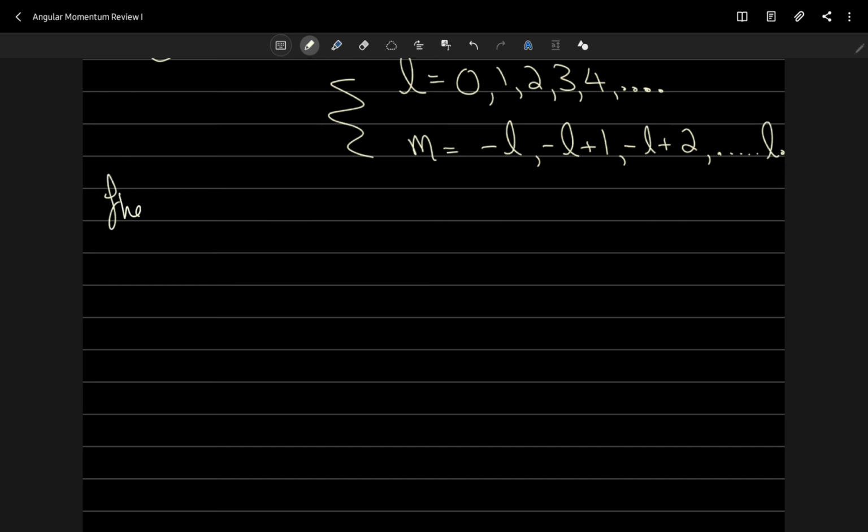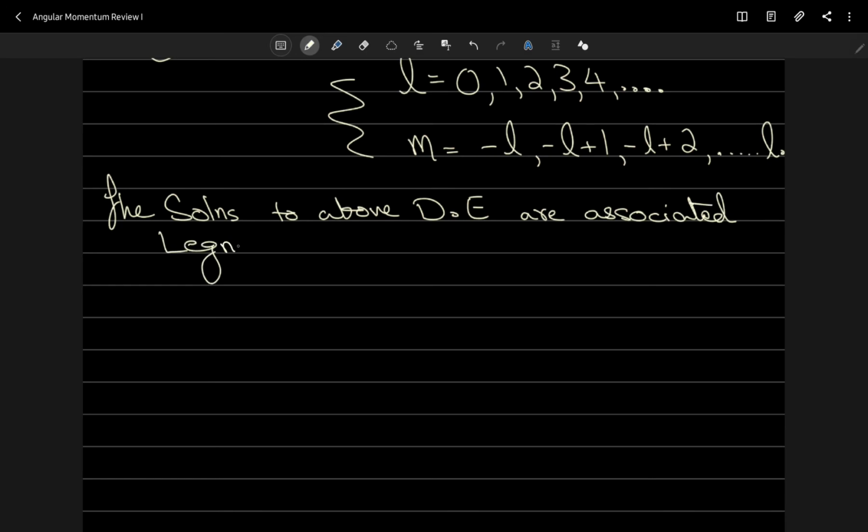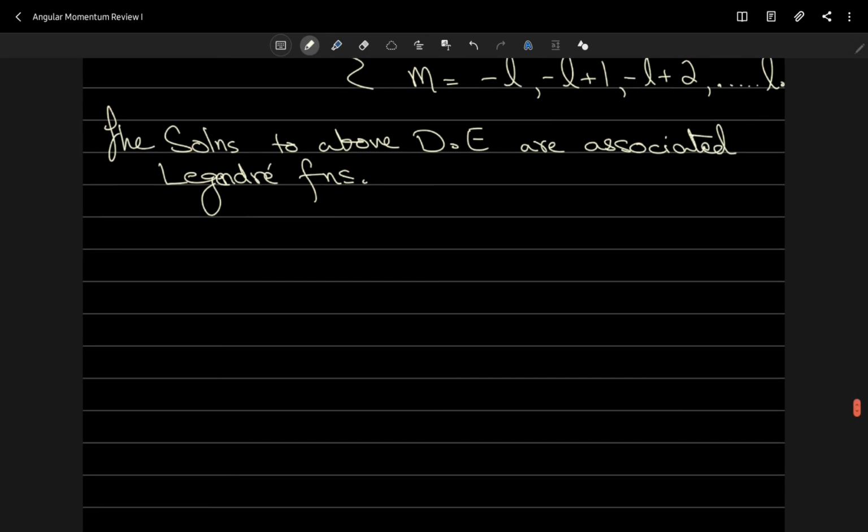The solutions to the above differential equation are the associated Legendre functions, or the Legendre polynomials, and you write them as P_l^m of theta.